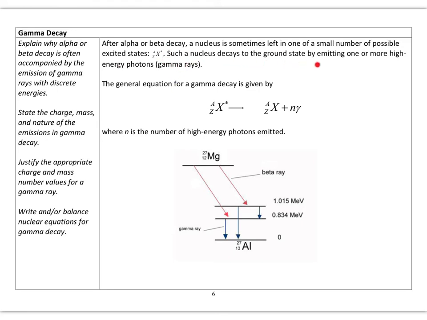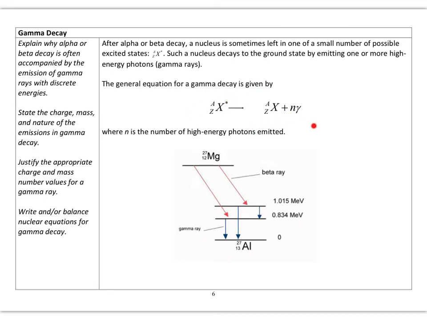Such a nucleus decays to the ground state by emitting one or more high-energy photons or gamma rays, in the same way that when an atom relaxes, it releases a photon, but not a super high-energy photon. So the general equation of gamma decay is here.